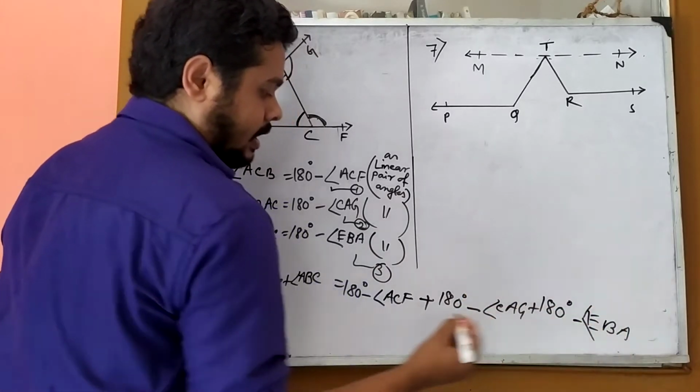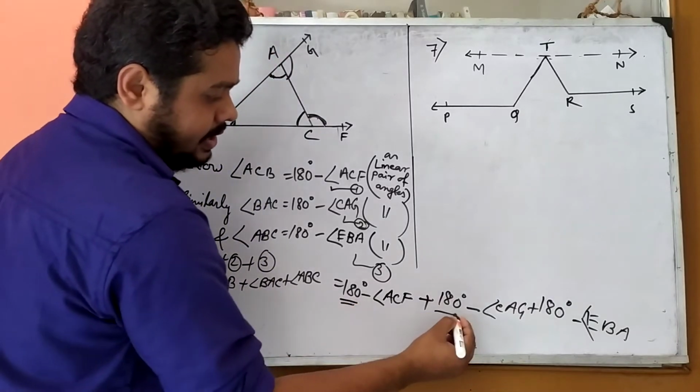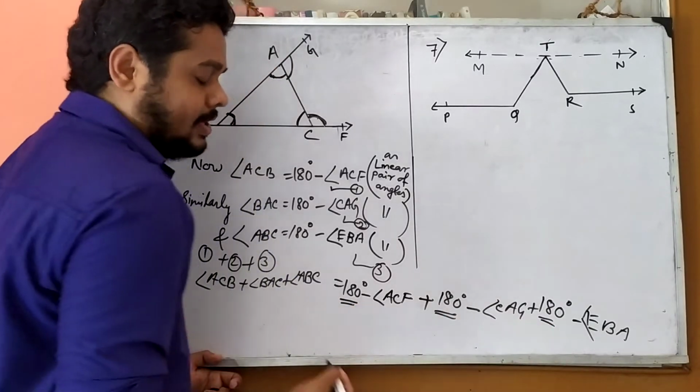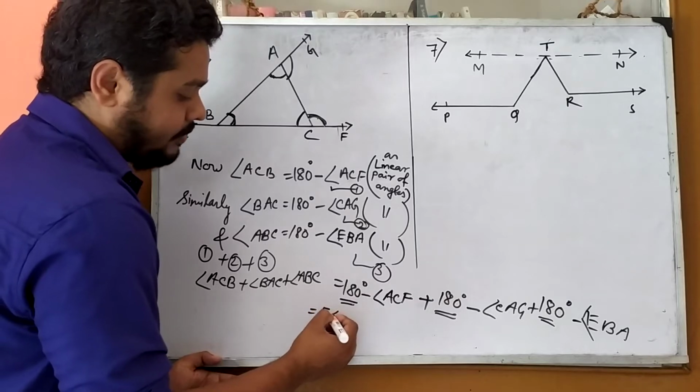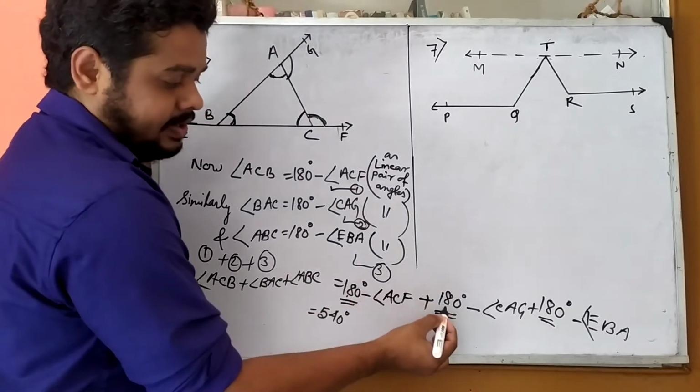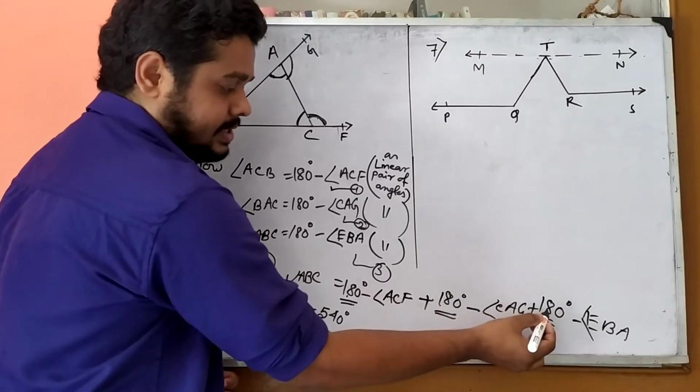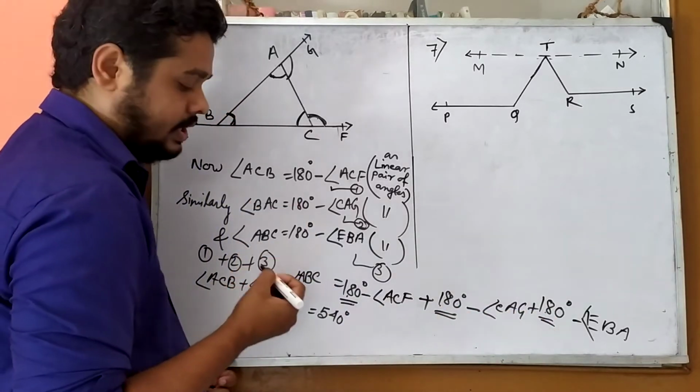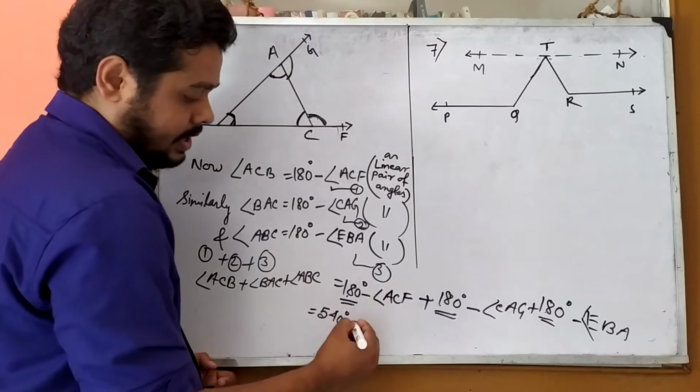Now 180 plus 180 plus 180, that is 540 degrees.